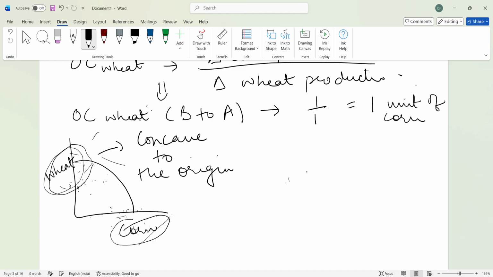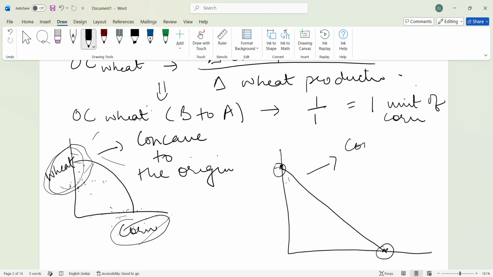All right. However, you can also get a constant opportunity cost curve, in which case the PPC curve would be a straight line. If you get a PPC curve that is a straight line, in this case you have constant opportunity cost. That is, we are assuming that the resources being used for one good and the other, both the goods taken into consideration, let's say I'm taking here clothes, and let's say here I'm taking cosmetics.